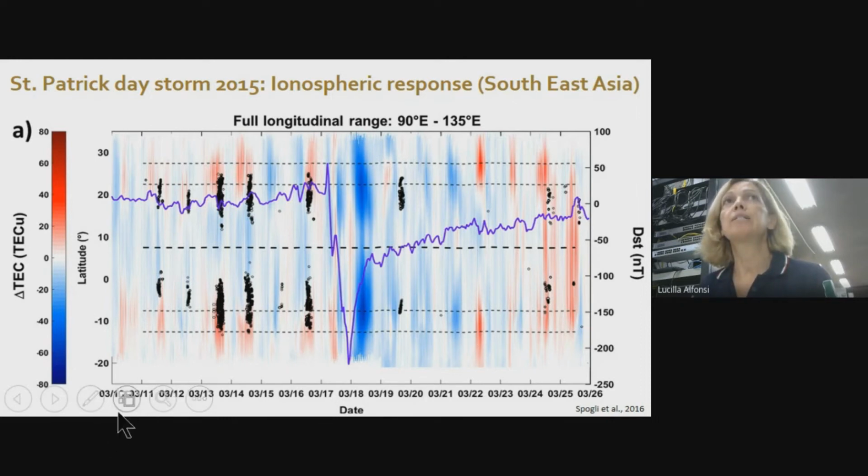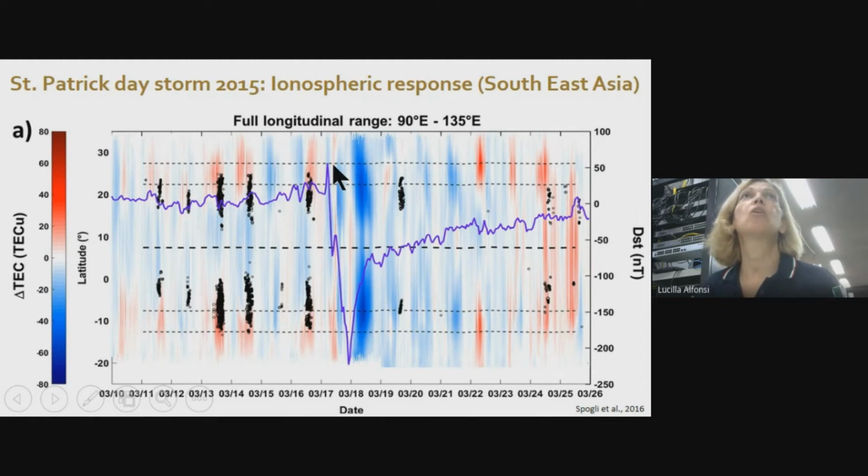And again, we are seeing from the 10th of March to the 26th. So we are following the evolution of the ionosphere before the storm, at the beginning of the storm, in the main phase, and at the recovery phase. These violet curves help us to follow the evolution of the storm because this is the Dst index. So again, you are here in almost quiet condition.